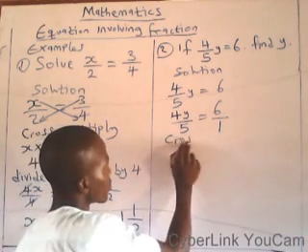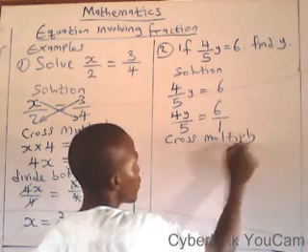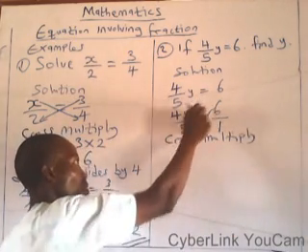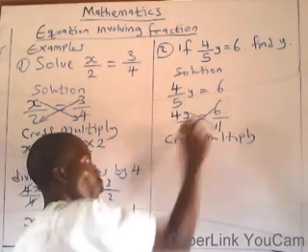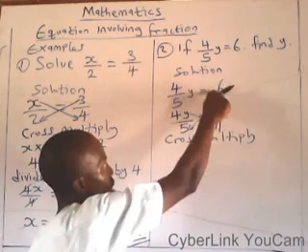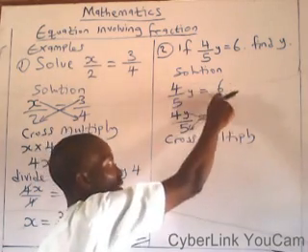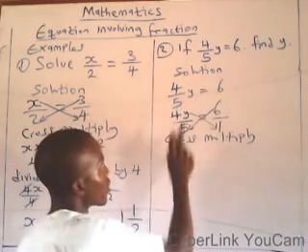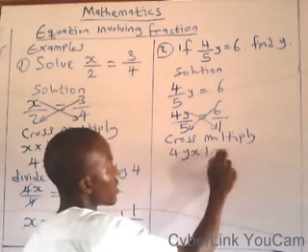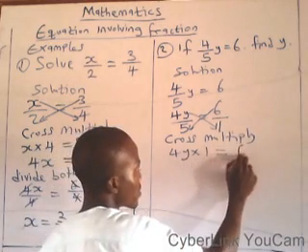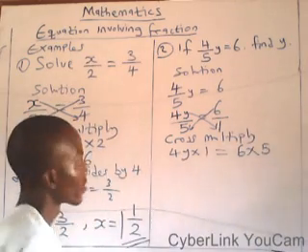You will now cross multiply. 4y will multiply 1. Actually 1 is not here before, but we are the one that introduced it. It is assumed that 6 here is 6 over 1. 4y times 1 equals 6 multiplied by 5.